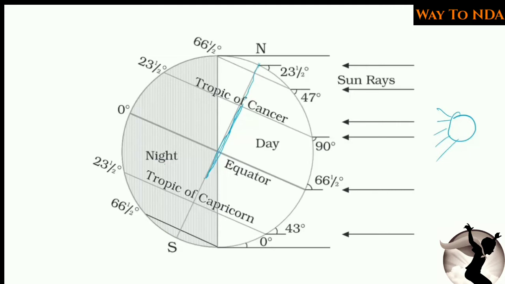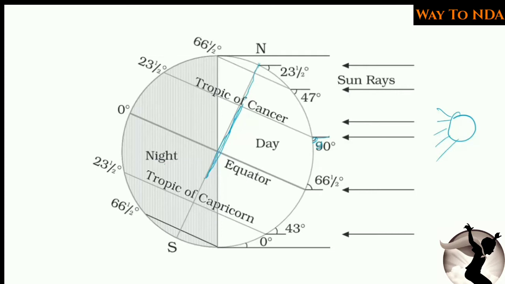The largest angle in this case is at the Tropic of Cancer. They are completely perpendicular to the earth's surface, so here they are making nearly a 90 degree angle.